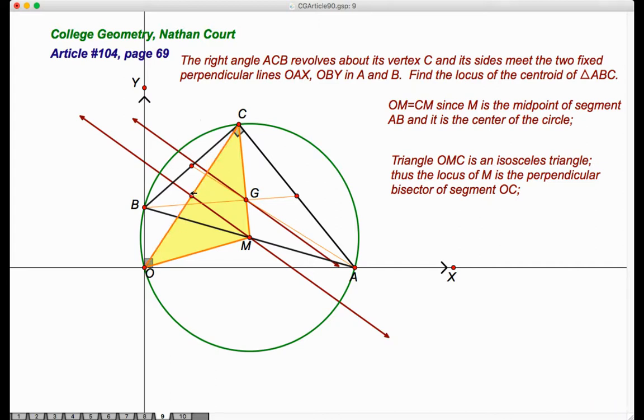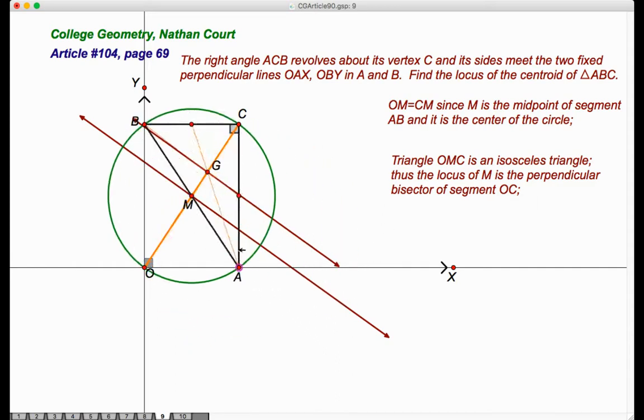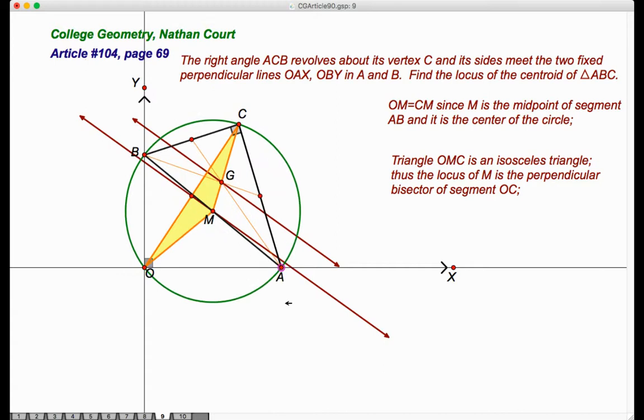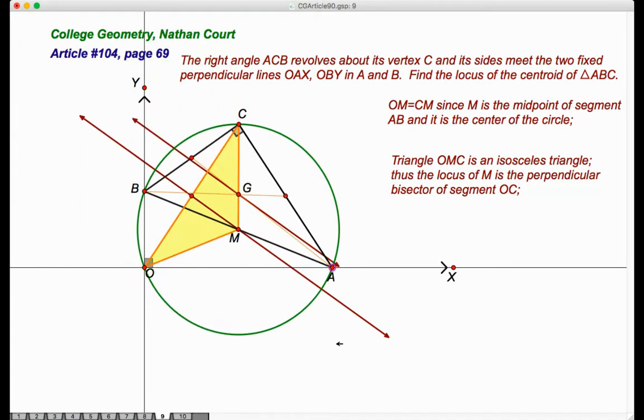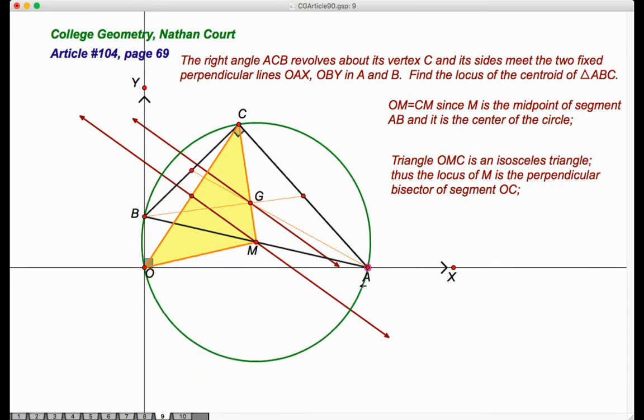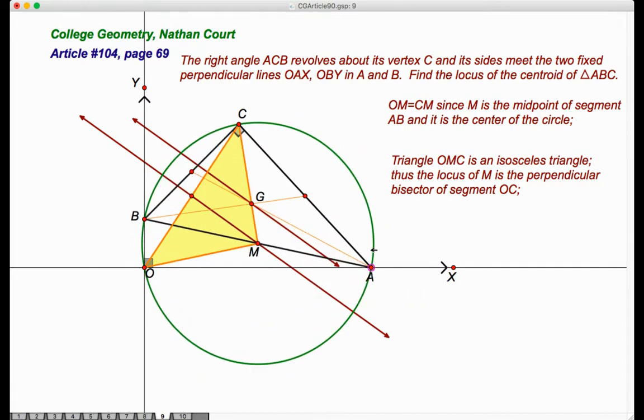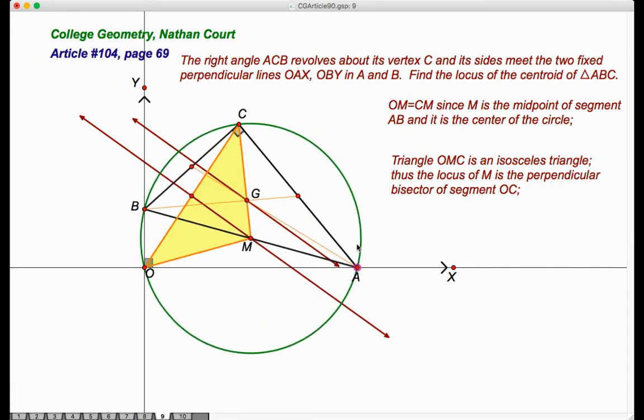That's the midpoint. This is the midpoint of segment OC, and it's perpendicular, and M passes through this line all the time. Cool, huh?